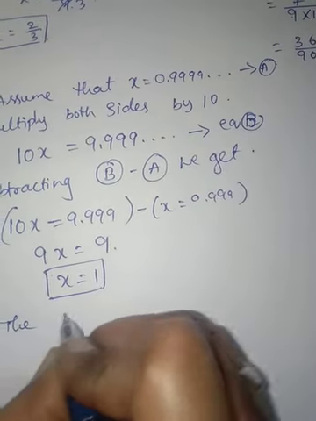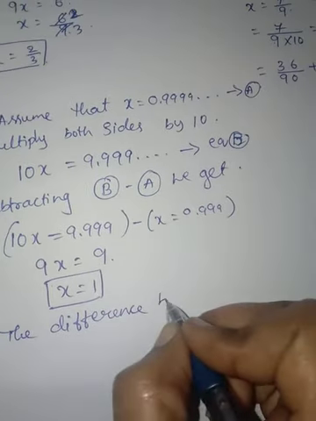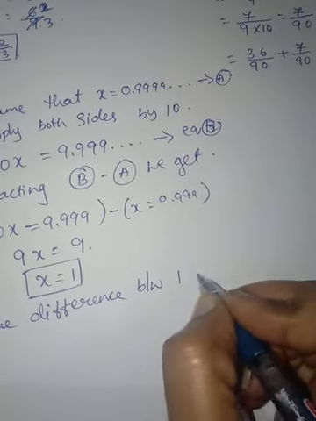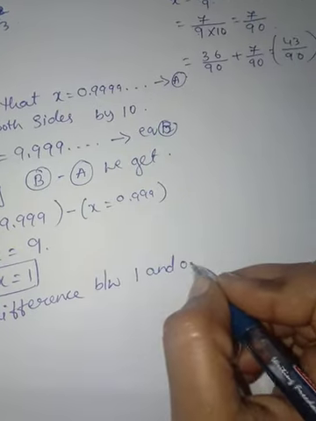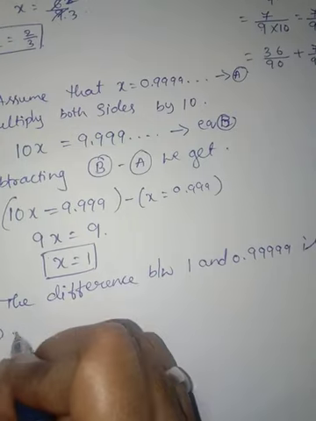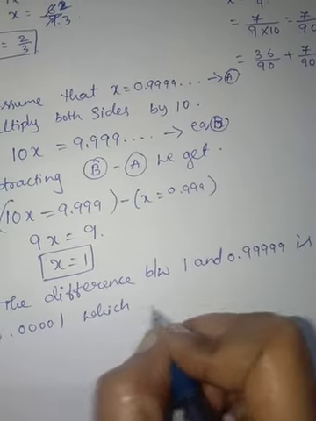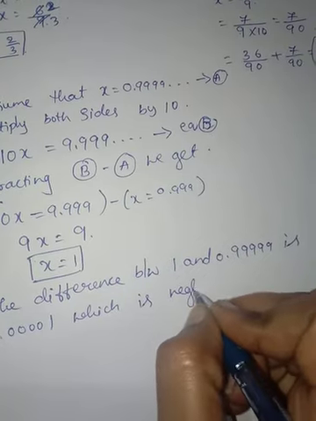Then the difference between 1 and 0.9999 is 0.00001, which is negligible.